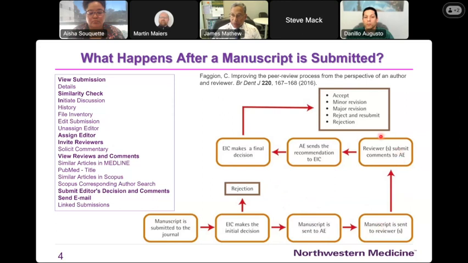The reviewers submit their comments to the associate editor, and the associate editor gets all the different reviews and recommendations and submits a recommendation to the editor-in-chief, who in turn can accept, ask for revision, or altogether reject the manuscript. In some journals, the associate editor has the authority to do that. Human Immunology is one of them.